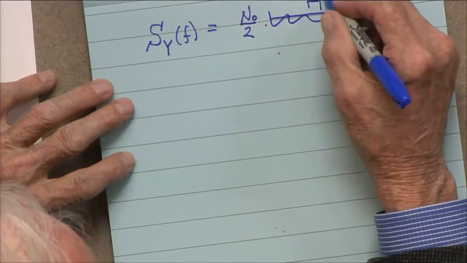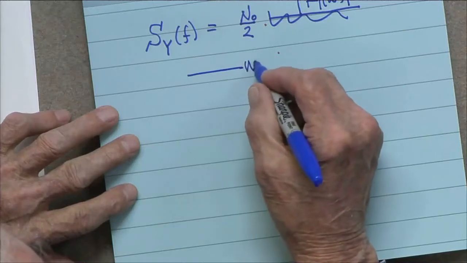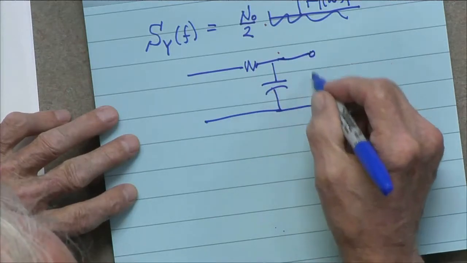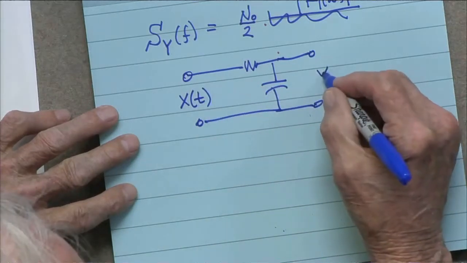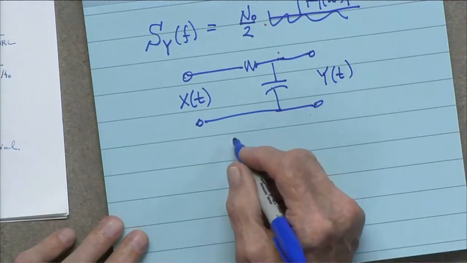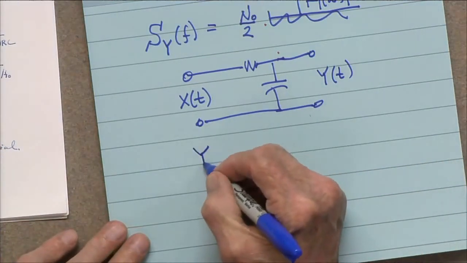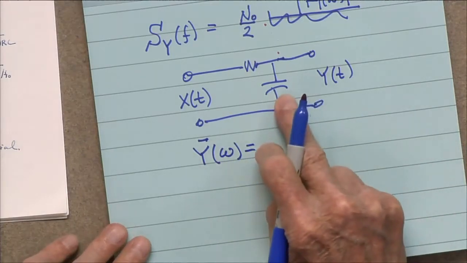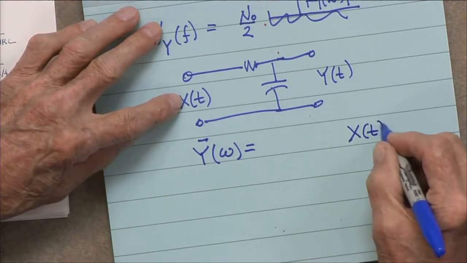We need H of omega squared. So let's take this circuit here. This is X, and this is Y of t. This is a voltage source. So the transform Y of omega is the X of t transform.